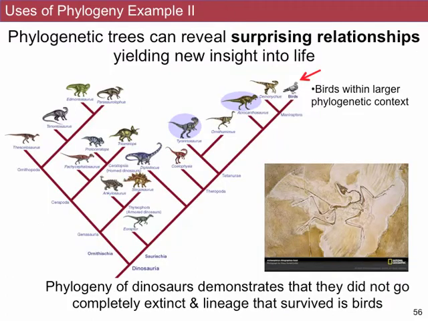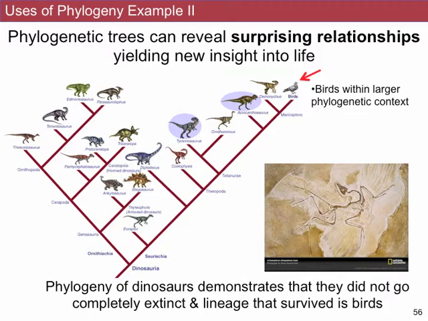So another thing that we will talk about later in the class is, for example, phylogenetic trees of birds and reptiles and dinosaurs indicate that birds are actually evolving from within a subbranch of reptiles. That subbranch that they evolved from within appears to be the branch that includes dinosaurs.